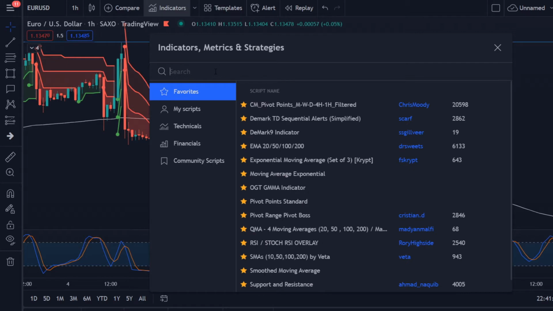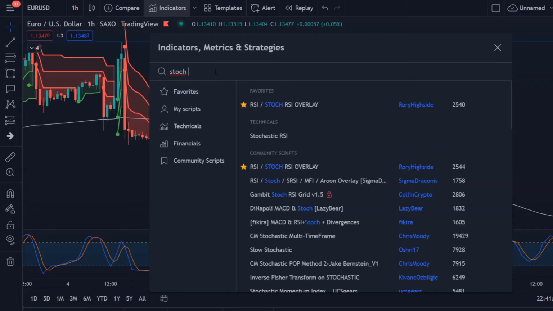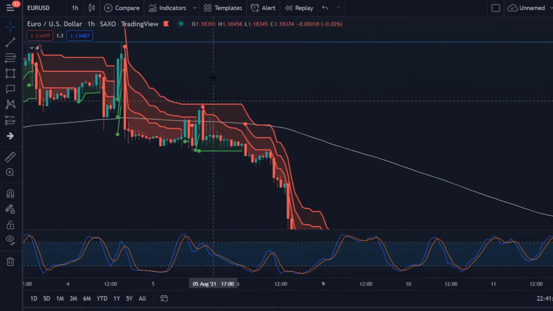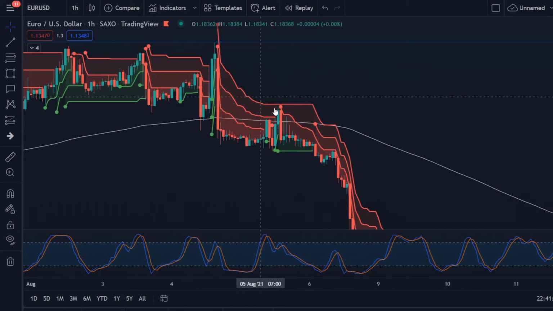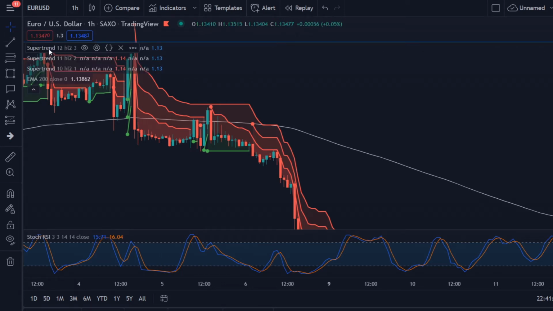Then we will be looking for a stochastic RSI indicator, which is this one. You click once on that one, then this is what you will see. As you can see, I'm using the supertrend indicator 3 times, and I've already adjusted the settings. So let me go over the supertrend indicators first.